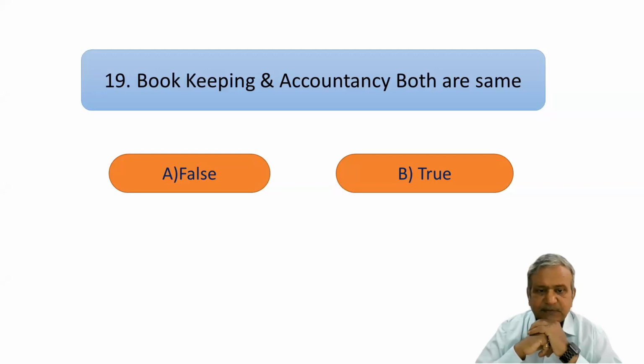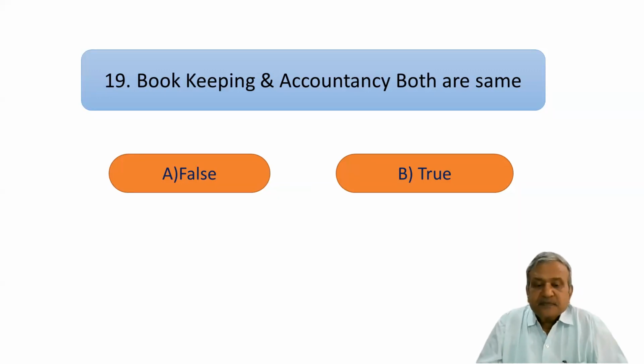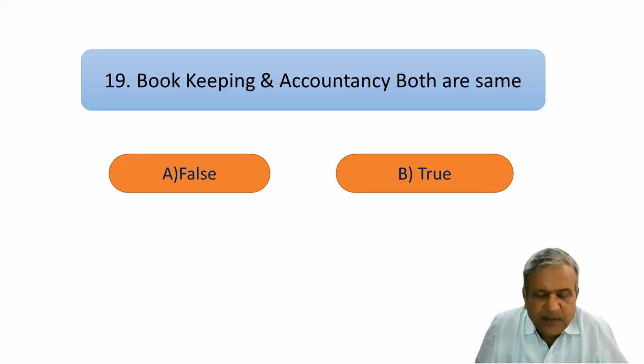A, yes, B. Satyareddy B, Sunita Garu A, false, yes. Okay, any more? A, okay. K Vijay A.